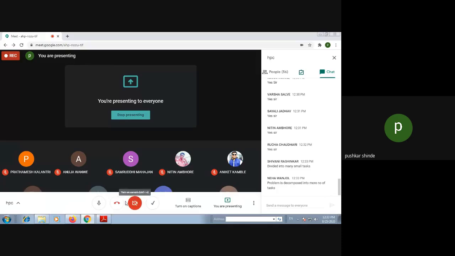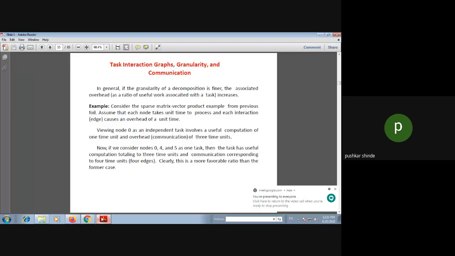So when the problem is divided into more tasks, the overhead of communication also increases. That is why they say that the associated overhead as a ratio of useful work associated with a task increases. So there is more communication overhead because of more tasks.